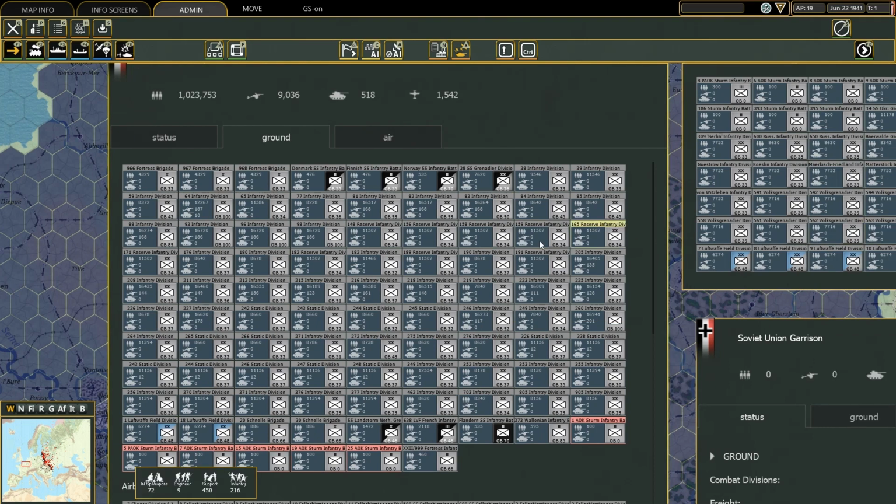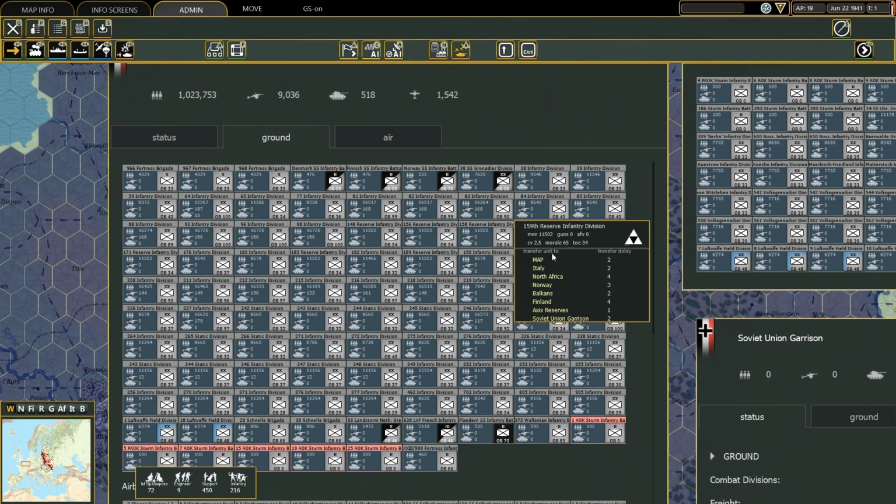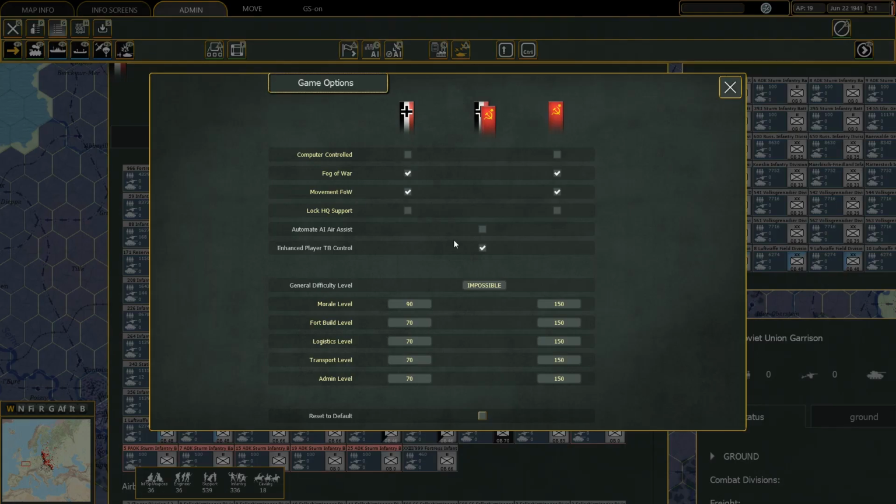If you right-click on it, you see here these options: transfer unit to, and then you have map, Italy, North Africa, Norway, and these are all the other theater boxes. And here you have the transfer delay. So how many turns have to elapse before the selected unit will be sent to the final destination?